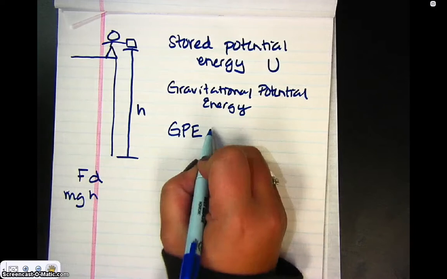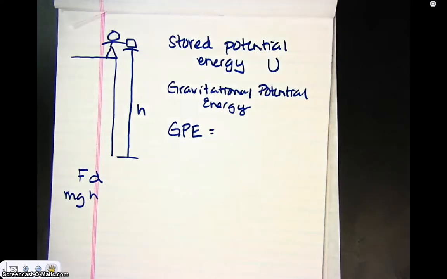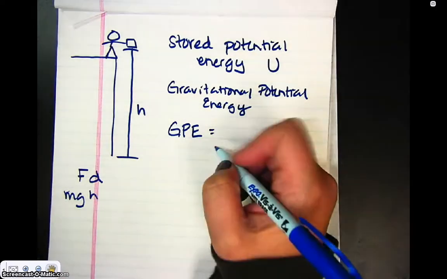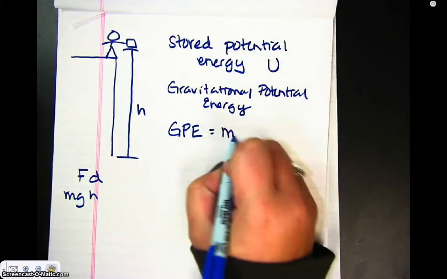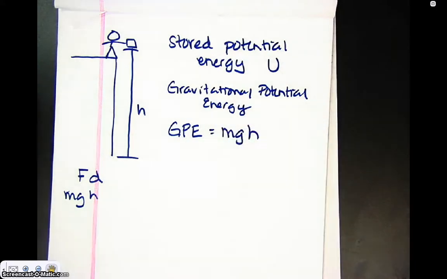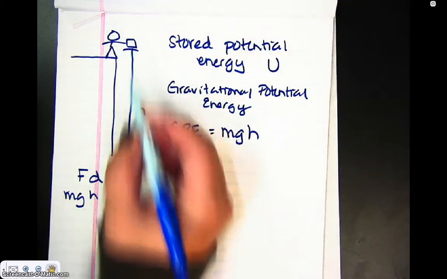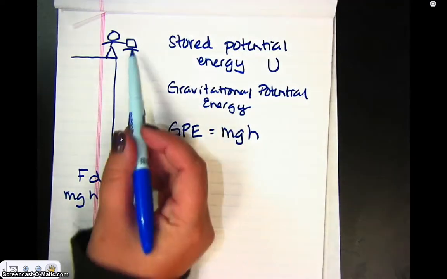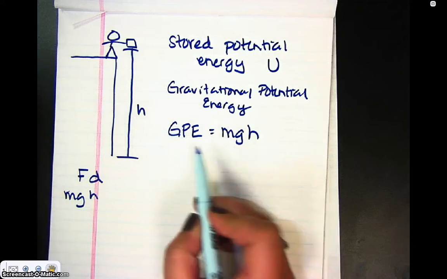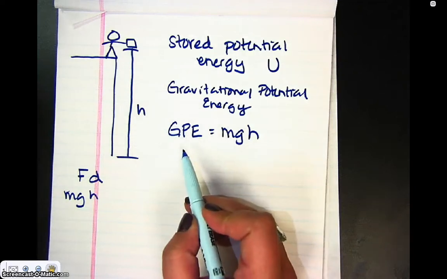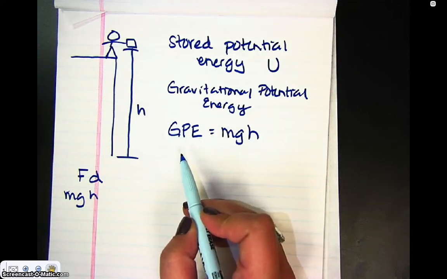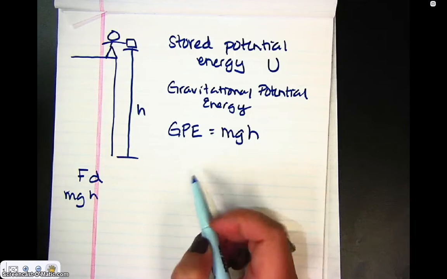So the actual equation for gravitational potential energy that any object has as a result of being above some relatively lower position is mgh. Typically if we were to release the package down off of the ground, as h decreases, so will gravitational potential energy, right? And it has a linear relationship.